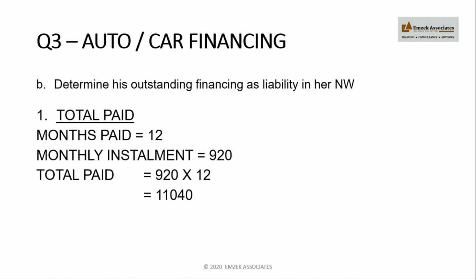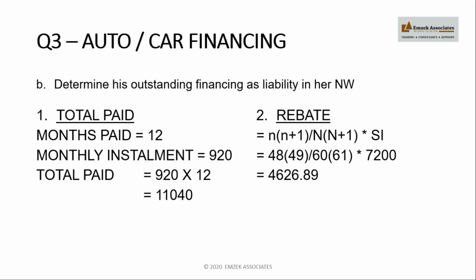So the total paid is 920 per month, times 12 months. Second is the rebate, same formula we used just now. The unpaid months is 48 months. We get a figure of 4,626.89.